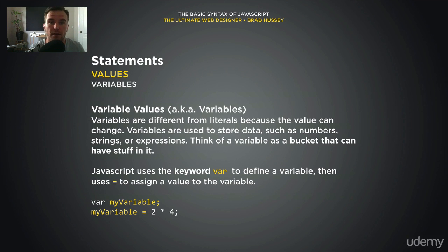So therefore, the variable called myVariable, which is our own custom variable, could have called it anything, has the value of 2 times 4, which is 8. So it has the fixed value of 8 in that variable. Now, a variable can have different values. We can reestablish what will be in that variable later on down the road. So we'll jump into that a little bit later.